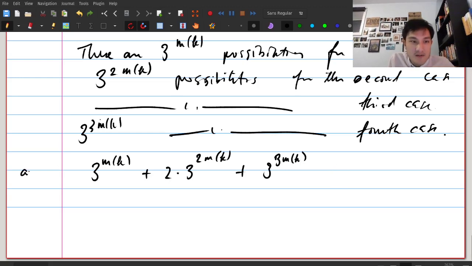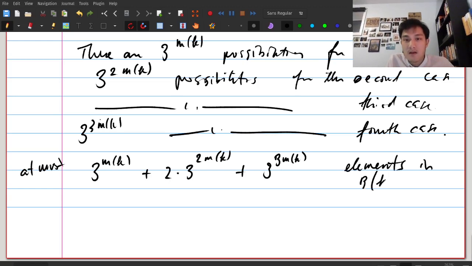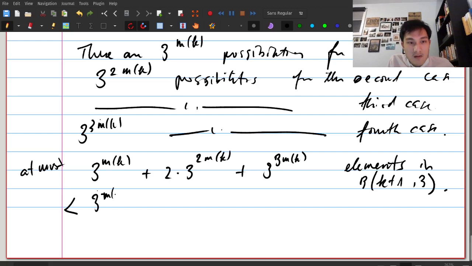elements, at most, in B K plus 1, comma 3. But now let's just make a strict upper bound. So this is less than 3 to the 3MK.